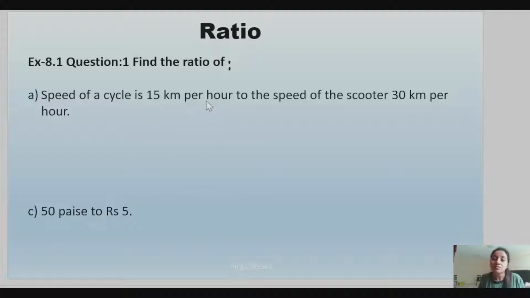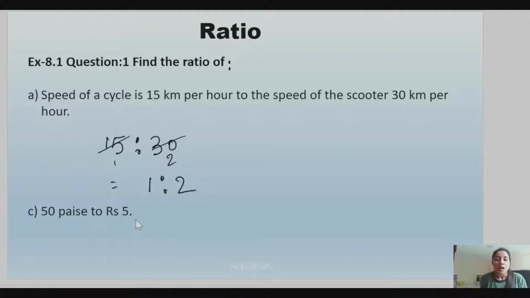So at first we need to write the speed of cycle, that means 15 is to, after that what is written, speed of scooter, that means 30. Now do the cancellation. We will get 1:2, right? And this is the ratio between the speed of a cycle to speed of a scooter.